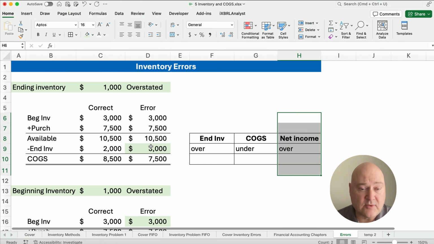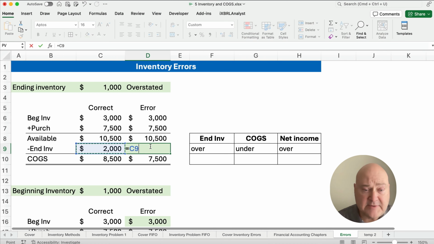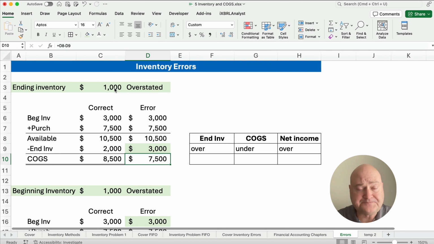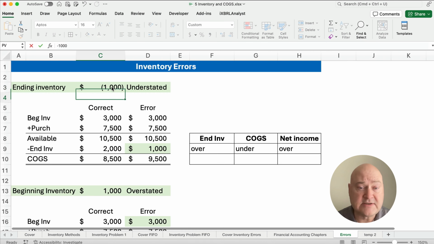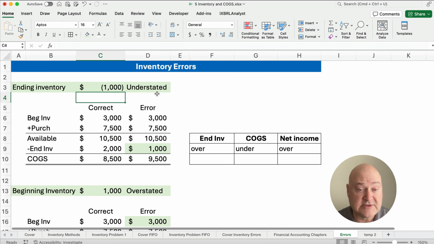Well, let's do it the other way. In fact, let me do the math here. So we had 2,000 plus 1,000. That equals the 3,000 overstated. Well, what if our inventory was $1,000 and it's understated? So it's negative 1,000. So our error would be, instead of being 2,000, our ending inventory is 1,000.